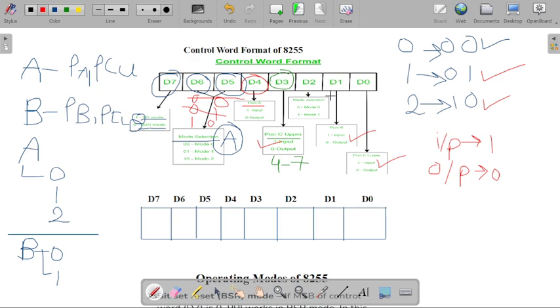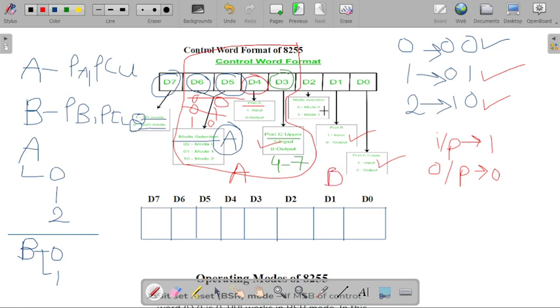Now we have completed the group A part. The remaining part is used for group B architecture.